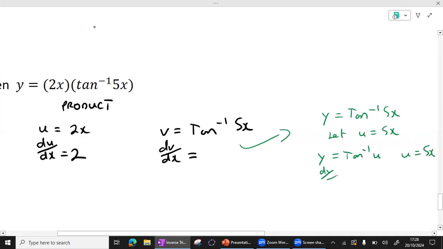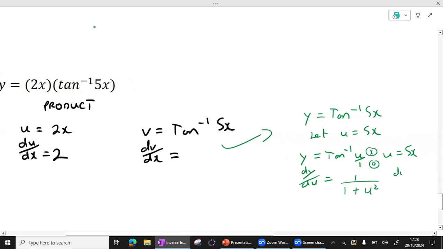I do dy du. Now I can write u over 1. The reason I'm doing that is because in my formula tables, this is acting as my x and this is acting as my a. So the formula tells me it's a, which is 1, over a squared, which is 1 squared, which is 1, plus x squared, which is u squared.